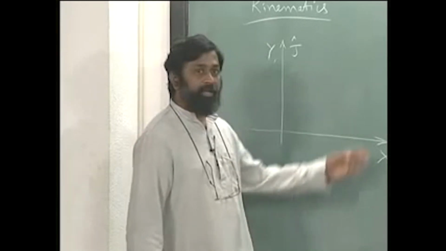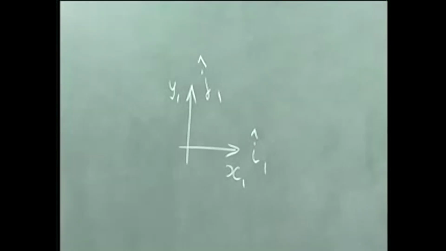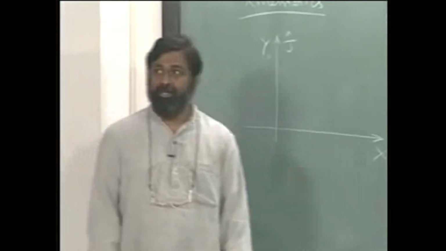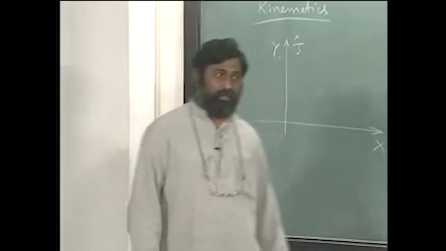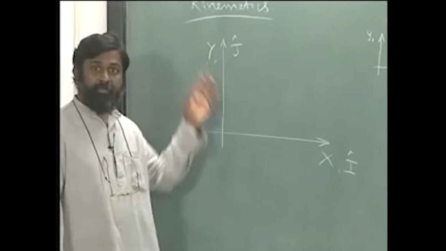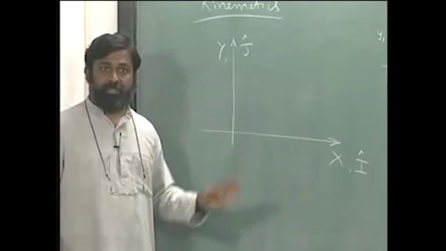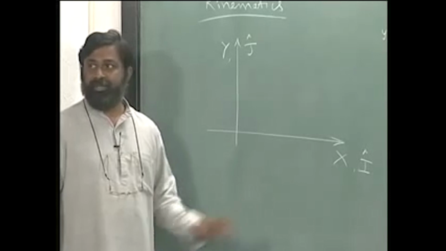So, if I have to do that, first I should fix a frame of reference which is fixed from the angle of how Newton has defined the equations of motion, and that is what we call a fixed frame of reference. I am not going to go into details of what a fixed frame of reference is, let us just go with how the Newtonian frame of reference has been defined.